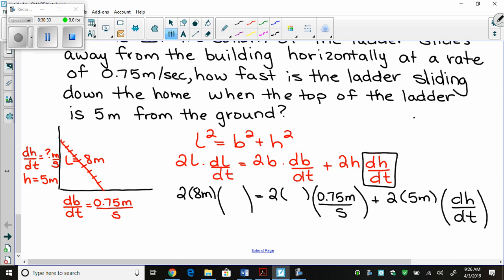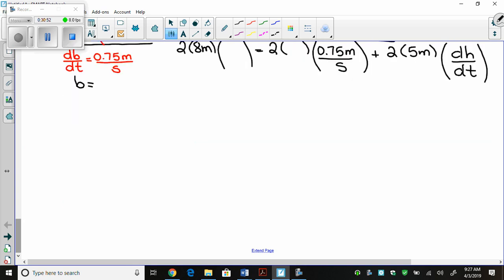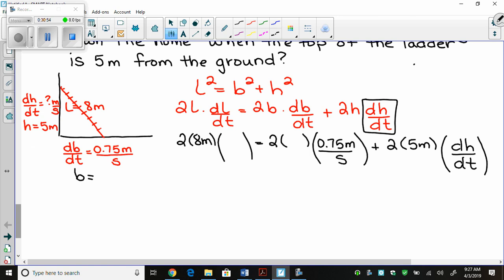How can we get the other two pieces of information? So side length B. How could we get side length B when we know H and L? Pythagorean theorem. So we're going to go B squared equals 8 squared minus 5 squared.